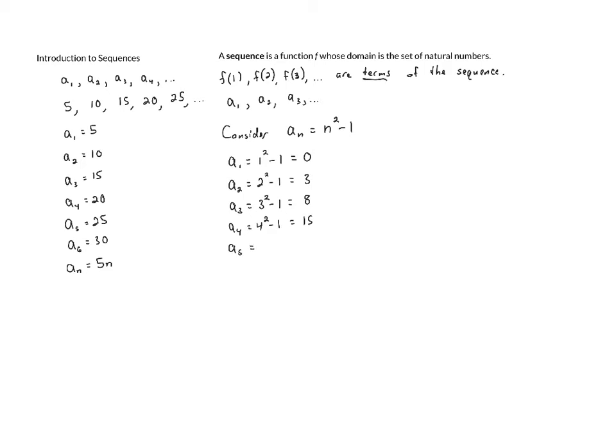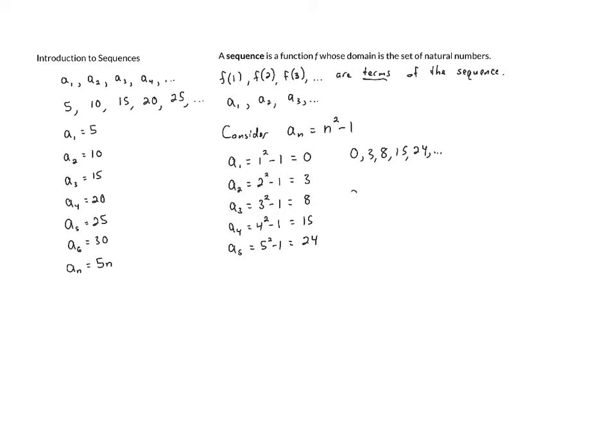A sub 5 is 5 squared minus 1, which is 24. And so if we were to write out the first few terms of this sequence, we would have 0, 3, 8, 15, 24, etc.